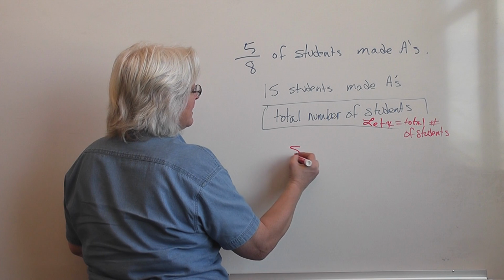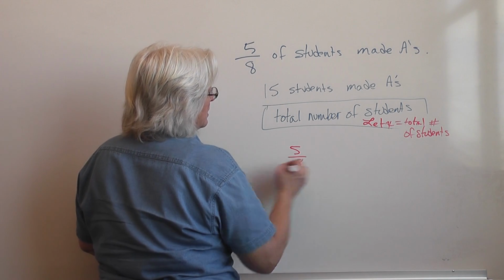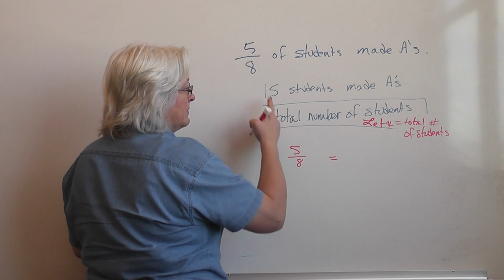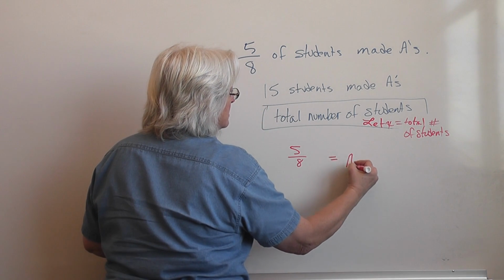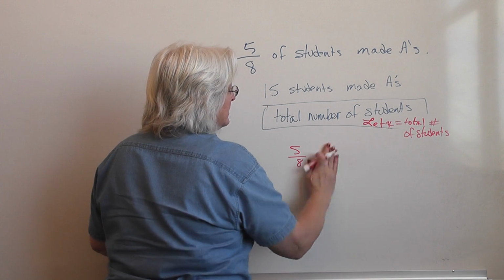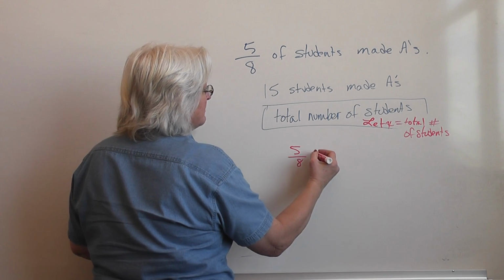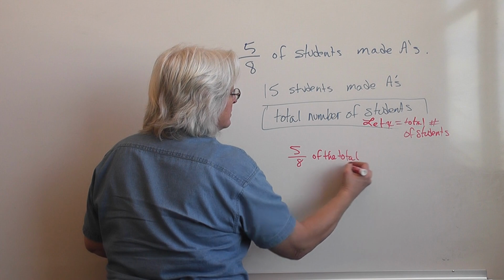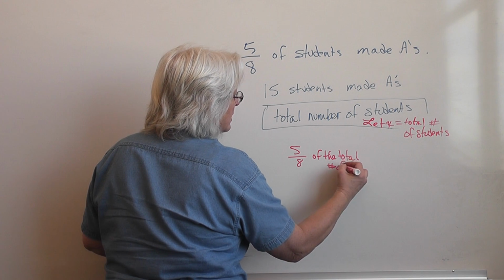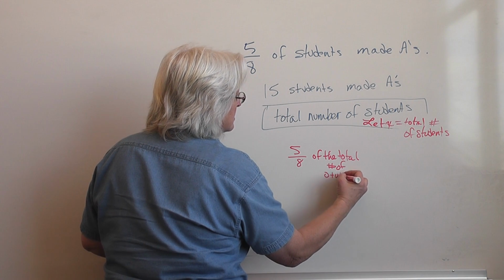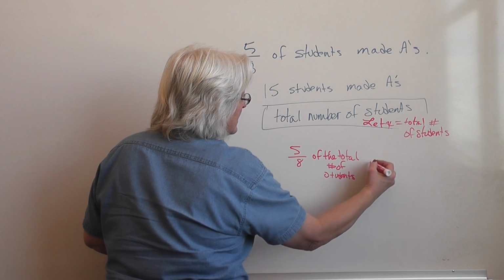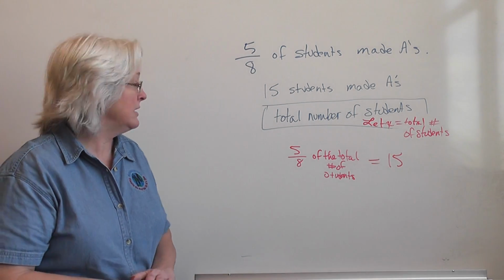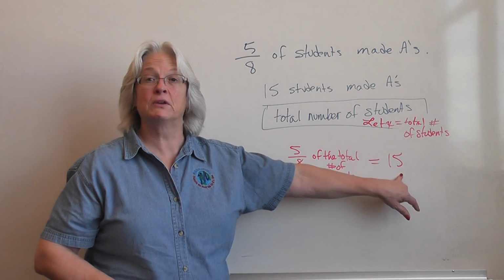Well, 15 or 5/8 of the students made A's. How many students made A's? 15. So 5/8 of the total number of students made A's. And the number of students who made A's was 15.